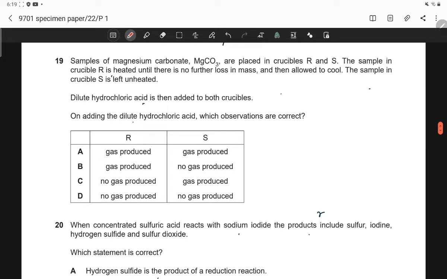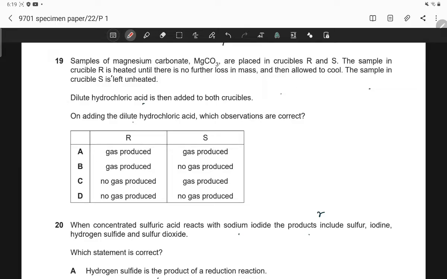Samples of magnesium carbonate are placed in crucibles R and S. The sample in crucible R is heated until there is no further loss in mass, and then allowed to cool.